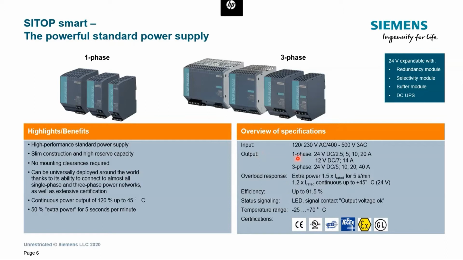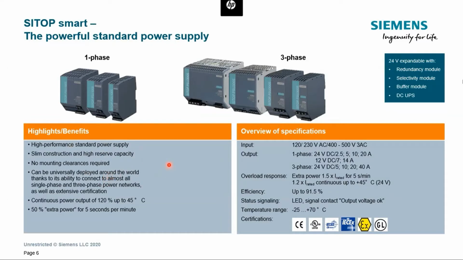And it covers the range from 2.5 amps up to 40 amps. So it covers almost all the possible ratings that you would wish for. And now you can see why this is considered a standard power supply.